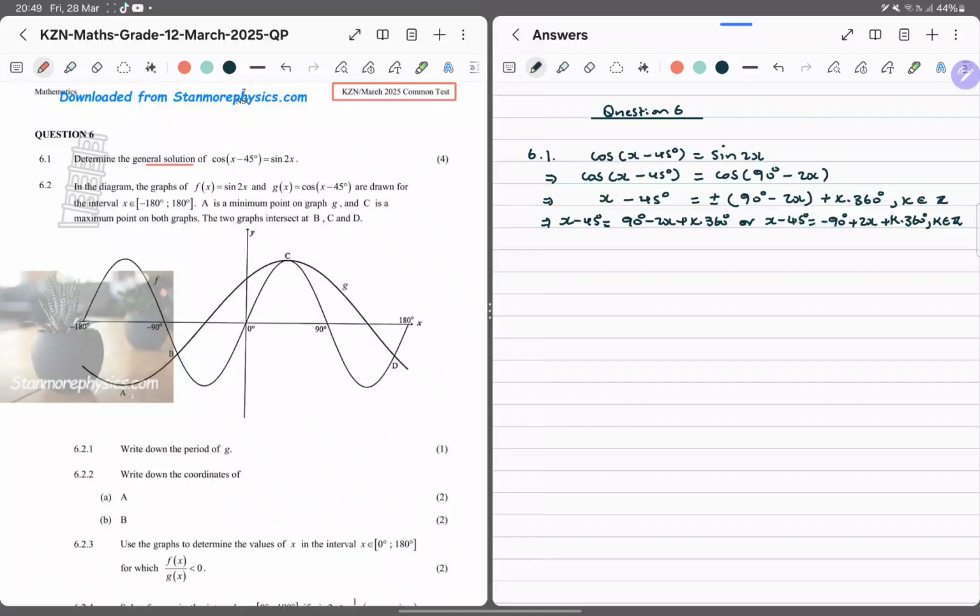So this is literally what happens. So this is why keeping these brackets is very important.